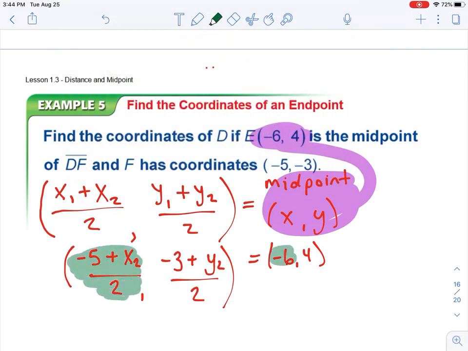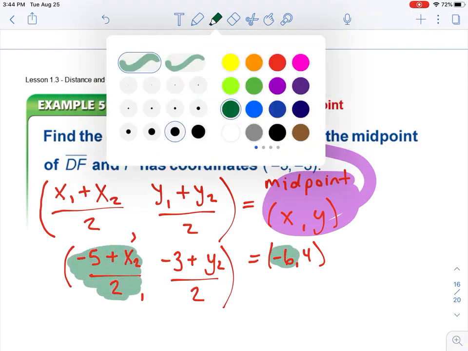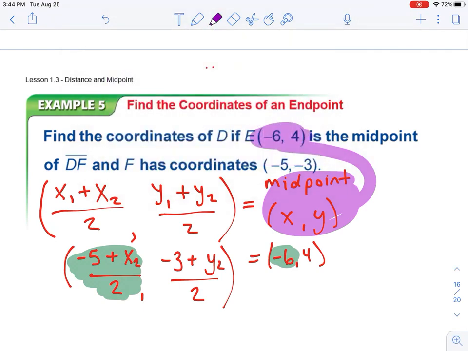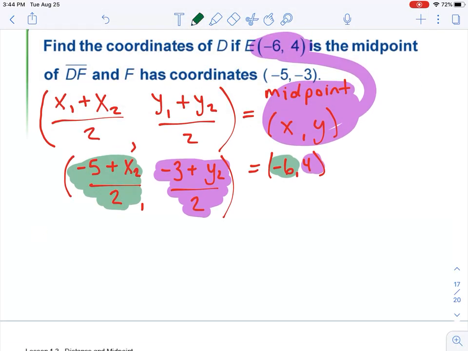We have the equation for the x value of our missing endpoint and the equation of a y value for our missing endpoint. So we go ahead and solve for each of these. I set up my x's. I set up my y's.